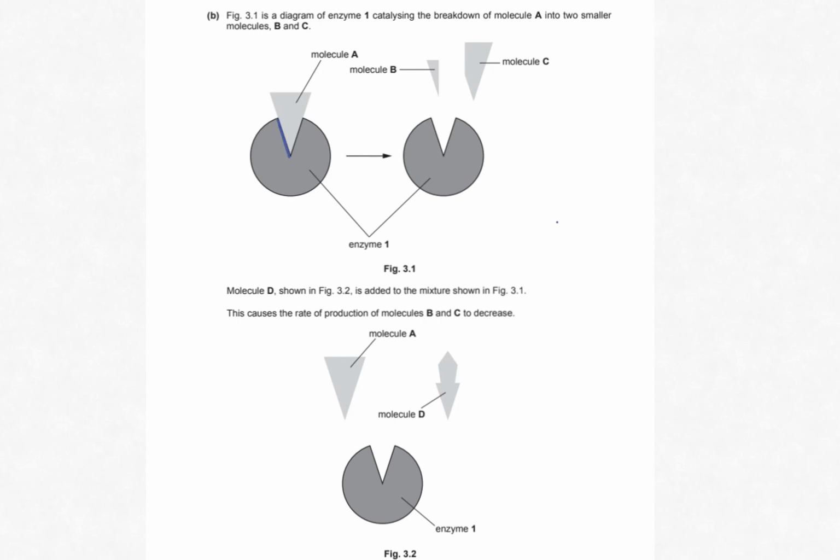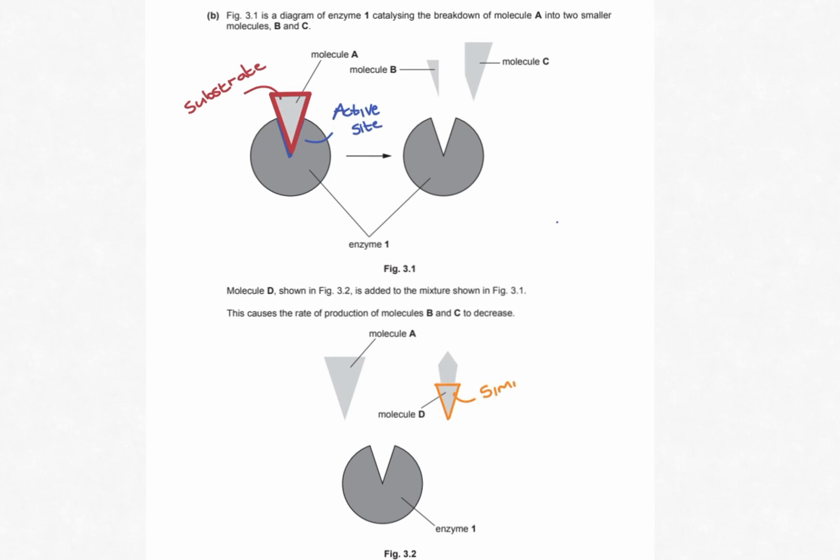So here we can see that the enzyme where the molecule fits into has a specific shape. This is called the active site, and the shape of the active site is very important because molecule A, which is the substrate, fits perfectly into the active site. In biology, we call this the lock and key model.